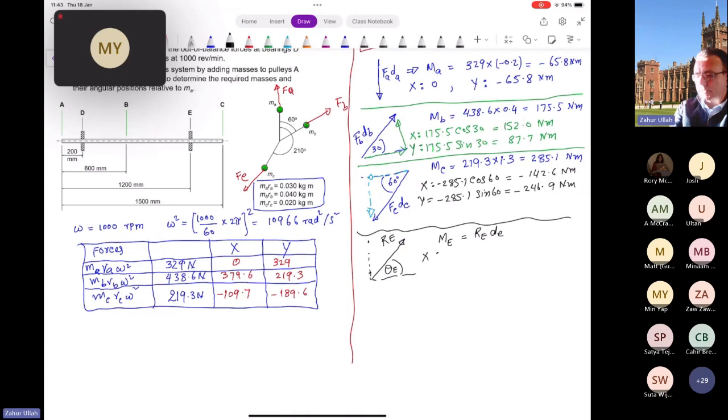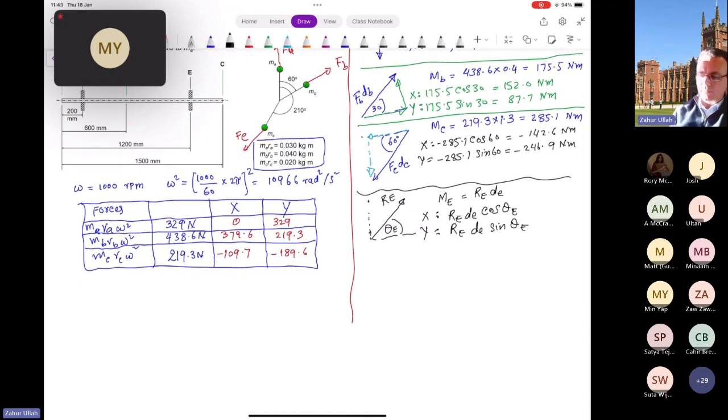And you can calculate its X component, which is RE DE cos theta E. And the Y component will be RE DE sine theta E. But obviously both RE and theta E are unknown, so we don't know those.